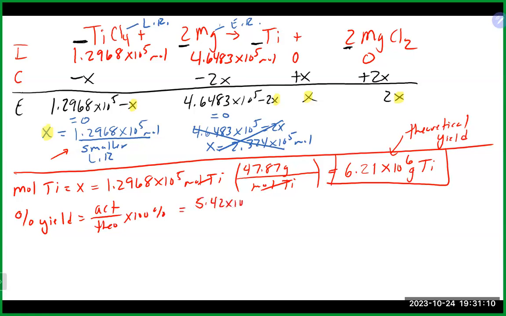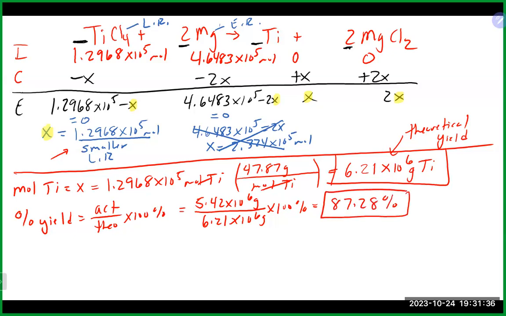So 5.42 times 10 to the 6 grams divided by 6.21 times 10 to the 6 grams times 100%. That's going to be 87.28. Not too bad. 87.28% yield. Pretty decent.